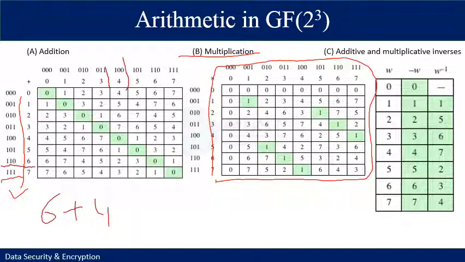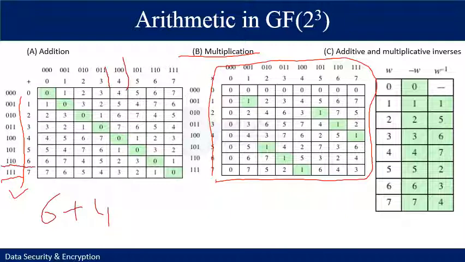Using the GF values of GF(2 raised to the power 3), each value uses 3 bits, so it spans the decimal range from 0 to 7. Addition takes place on these 3-bit binary values using the bitwise exclusive OR operation.